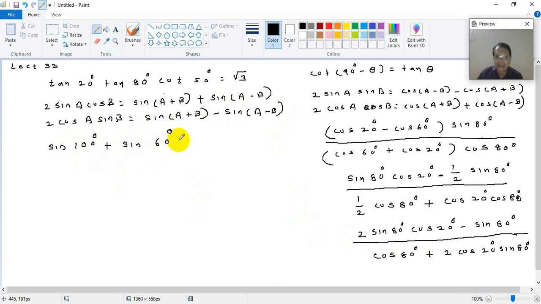Okay, minus sin of 80 degrees. That term we should not forget, minus sin of 80 degrees. This is the numerator, divided by what?